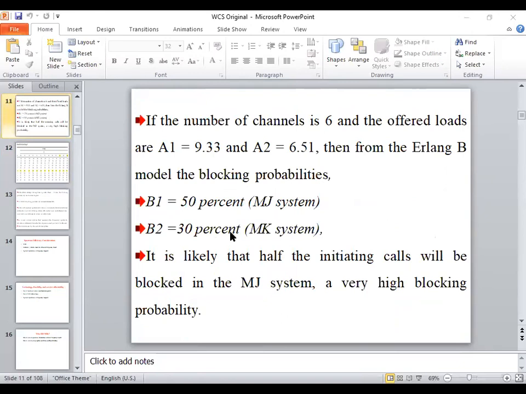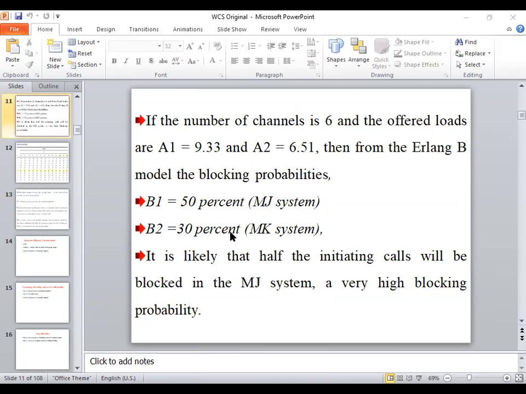So B2 is 30%. It means that half the initiated calls will be blocked. If you are initiating 100 calls in your MJ system, 50 calls will be blocked. So it means very high blocking probability in the case of your MJ system, whereas in the case of MK, only 30 calls will be blocked.